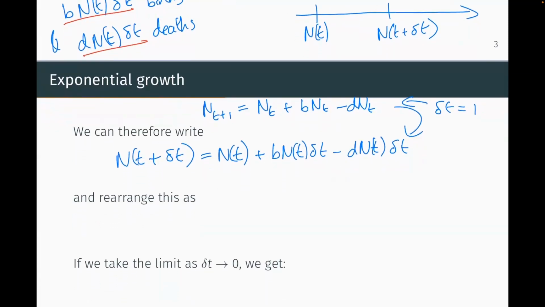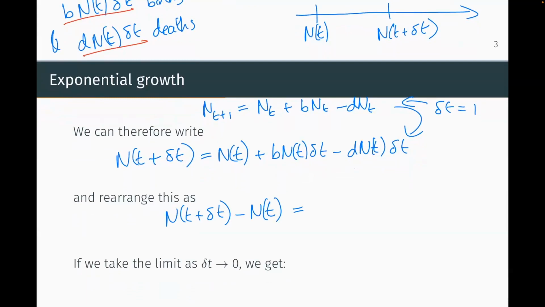Okay, so let's do a little bit of rearranging. The first thing I'm going to do is subtract N(t) from both sides. So N(t plus delta t) minus N(t). What else can I do? I'm going to take out a factor of N(t) and delta t here.